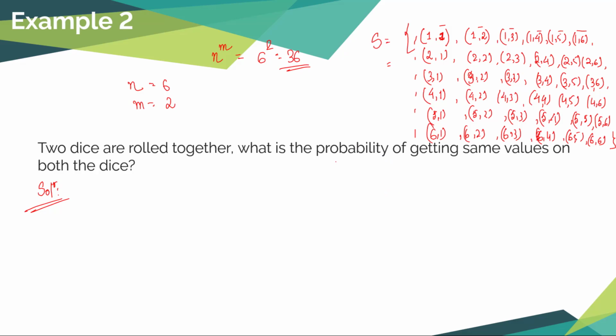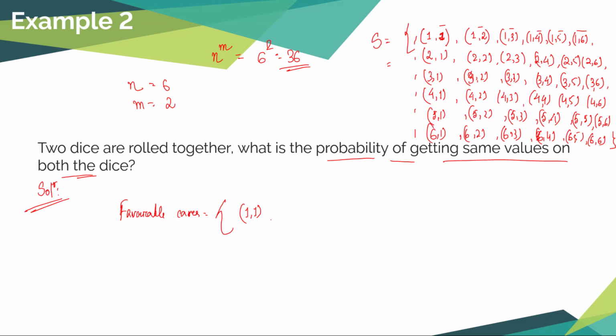Now the question is asking the probability of getting the same value on both the dice. That means both dice are showing the same number. Now what are the favorable cases, right? So I will create another set for favorable cases. And what are the favorable cases? (1,1) is one of them, right?